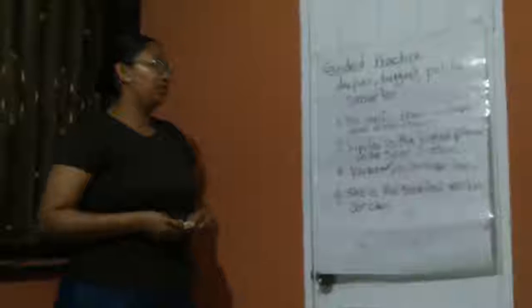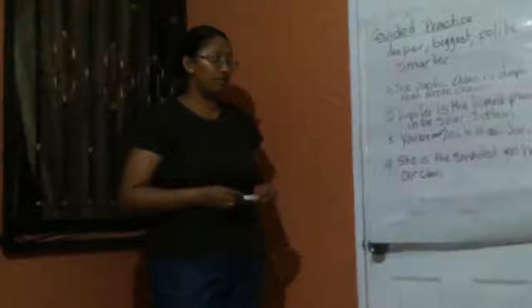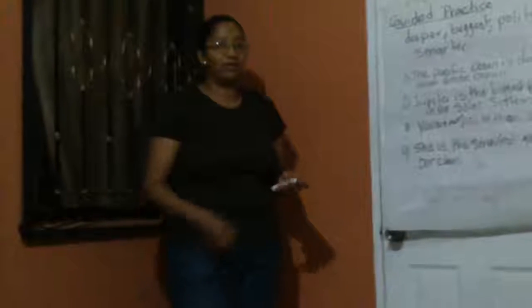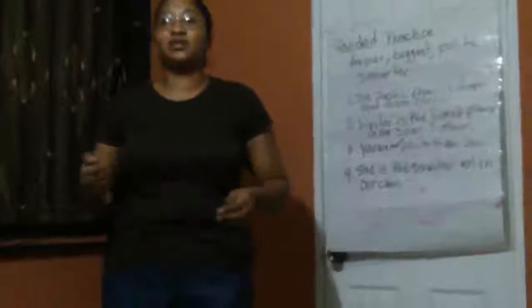Good. That's a superlative. Now the following. You are more polite than Joy. That's a comparative. Okay, and the last one. She is the smartest girl in our classroom. That's superlative. Okay, good. Now you will do something else.